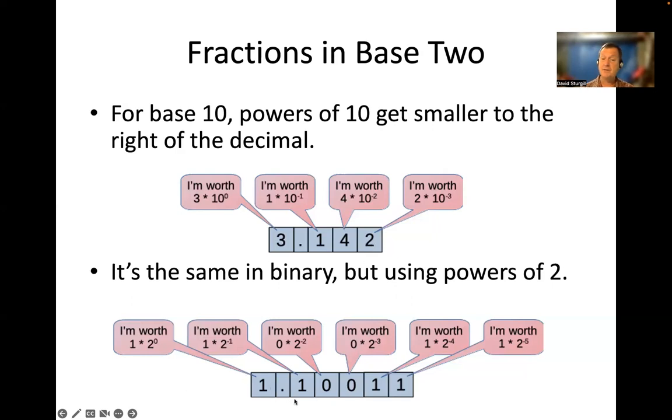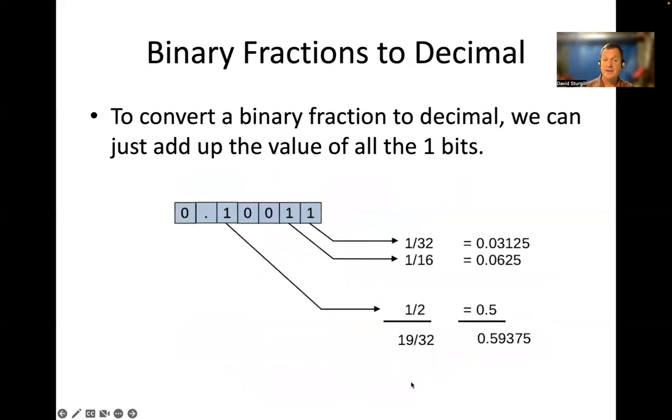So in a number with a binary fraction, if this is the ones place, when I move to the right of the point, I get a bit that's worth 1/2, 2 to the -1. And then this next bit would be worth 1/4, 2 to the -2, 1/8, 1/16, 1/32. So if I gave you a number in binary with a fractional part, converting it to a base 10 decimal fraction would be a similar process to what we did for integers.